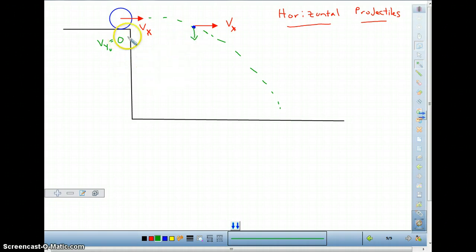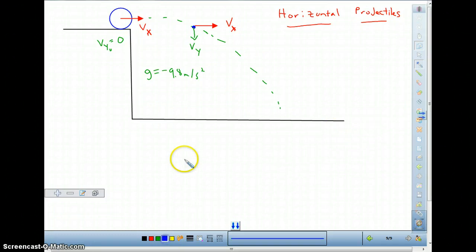Once it's rolling off the table, we know from free fall g equals negative 9.8 meters per second squared the whole way down through this trip as long as air is negligible. So now we have a Vy final at that moment that's non-zero. What it is depends on how long it fell at that point.